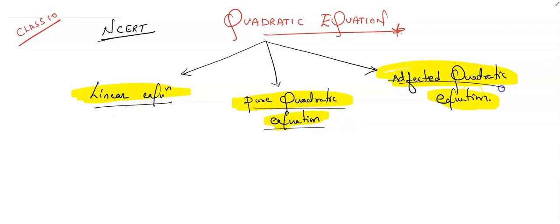See children, linear equation, pure quadratic equation, affected quadratic equation. Now what exactly is the meaning of linear equation? Simple. Before we go for the equation, as we have seen in the topic polynomials, if you want to call a polynomial, let me say a function of x, f of x.